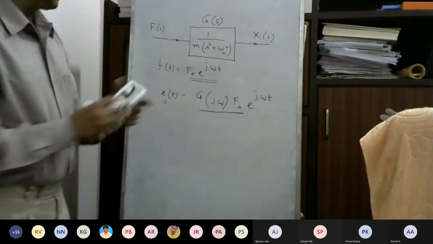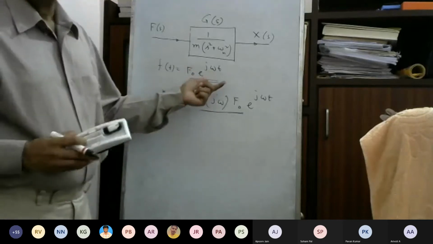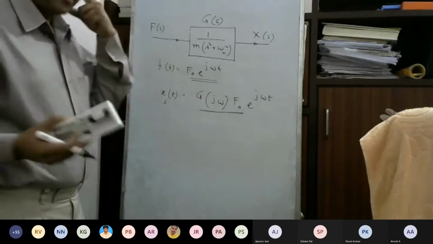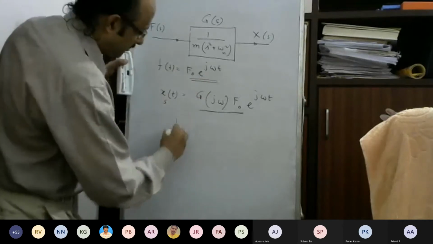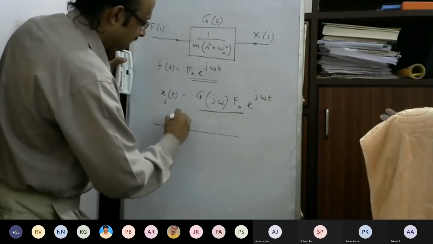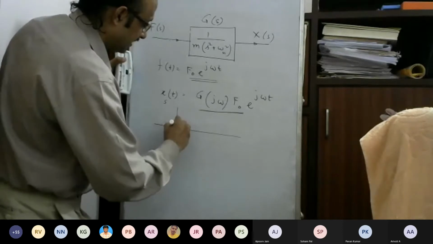Now, what kind of force is this? This force is actually a sinusoidal or cosine force. If it is sine, it will start from here. If it is cosine, it will start from here.